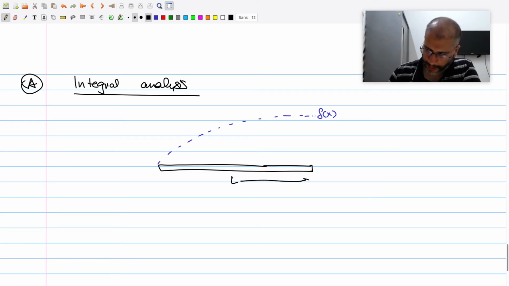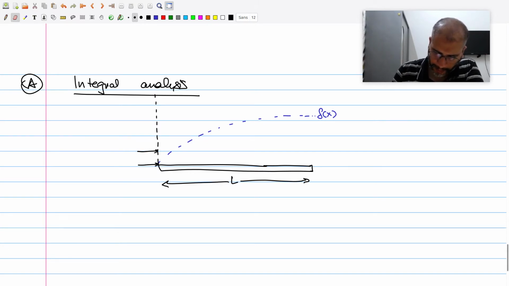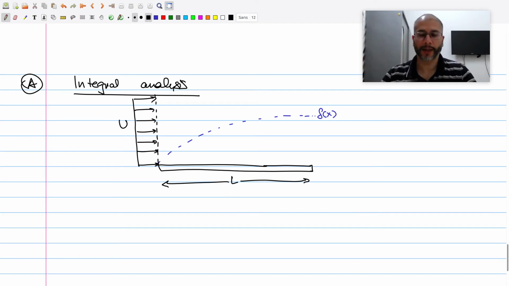We'll use capital L for the length of the plate. In this case, the incoming flow is uniform, as we discussed earlier, so we'll use capital U as earlier to denote the incoming flow.